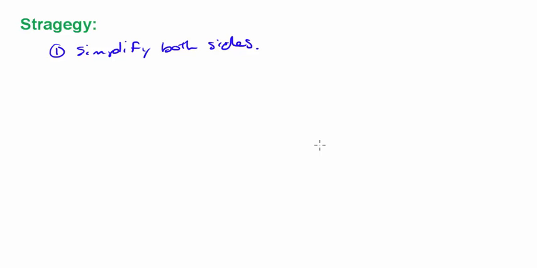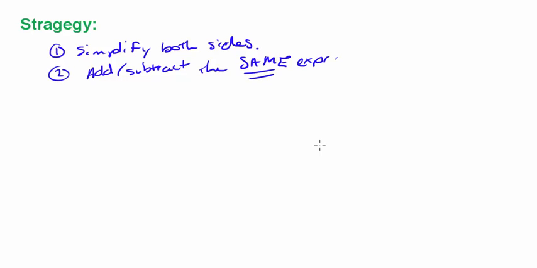that. The second step in our strategy is to add or subtract the same, and this is kind of a big deal, it has to be the same expression to both sides.